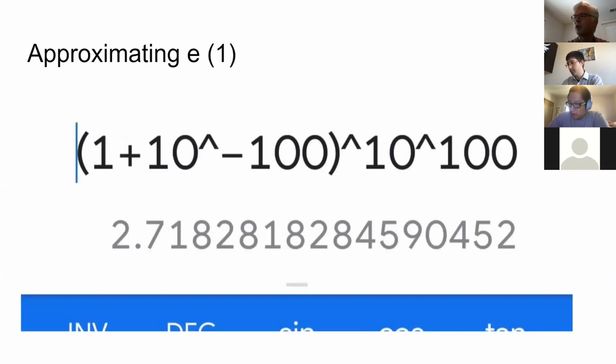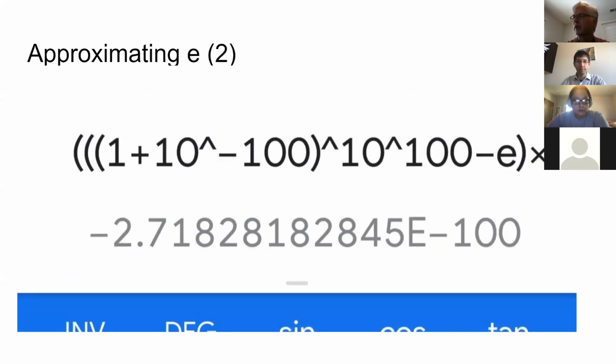So with this approach, not only can we approximate E in that formula by using n equals 10 to the 100th and get the correct result, we can actually ask how far is that answer off? How much does it differ from E? And if we multiply that by 2, we happen to get an interesting answer.